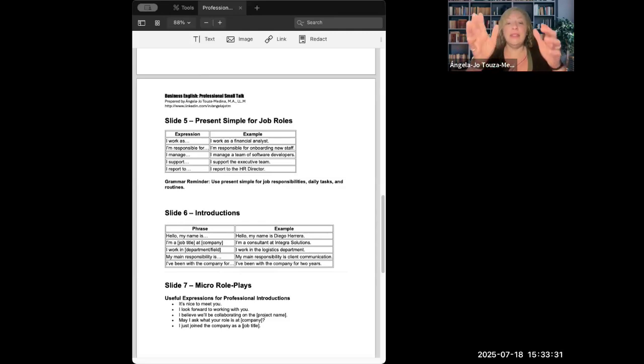So it's always in the present tense. It's what we're doing right now. Does that make sense? For instance, in the example, you say, I work as a financial analyst. I'm responsible for onboarding of new staff. I manage a team of software developers. I support the executive team. I report to the executive director. So I'd like for you all to tell me what you do using that structure.